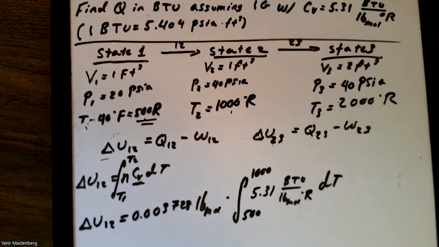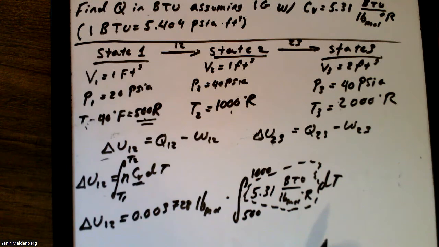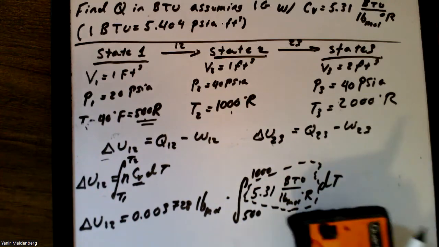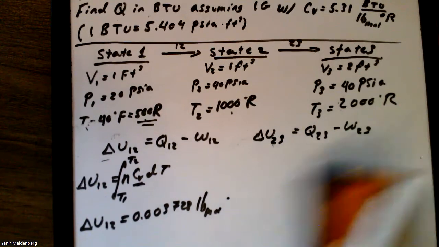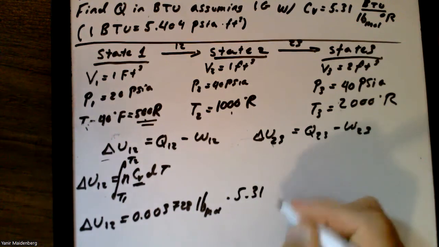So what happens when I integrate this? This thing here is a constant, so it can also come out of the integral. And the integral of dT is just delta T. So what this means is that it's this number times delta T.